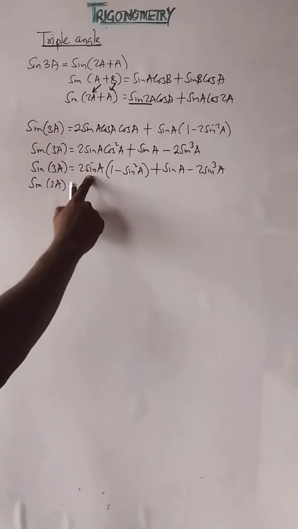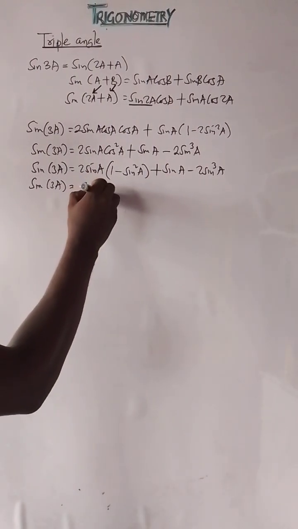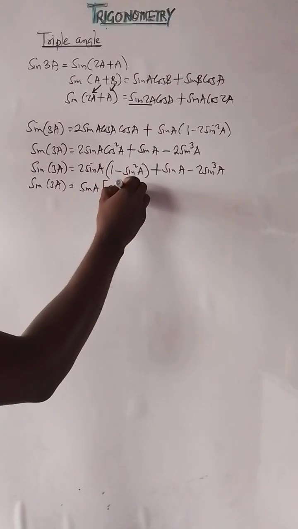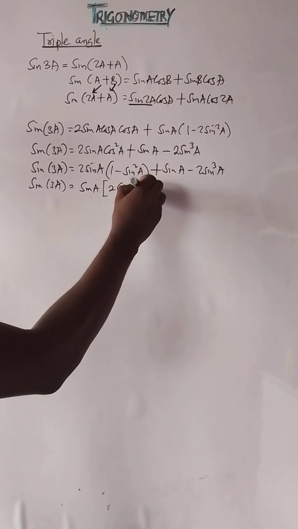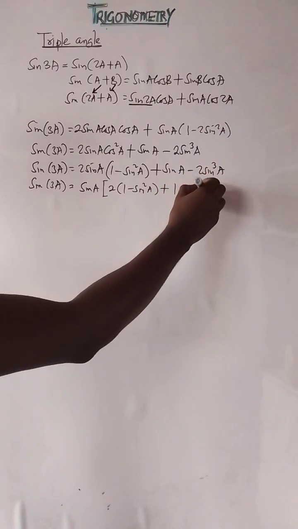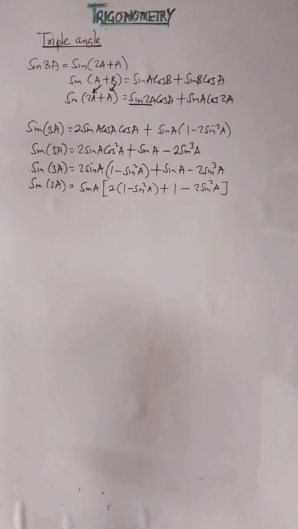When we check, we have sine A here, here, and here. So if we factorize sine A, we get 2 into (1 minus sine square A) plus (1 minus 2 sine square A). We factorize sine A from every term.